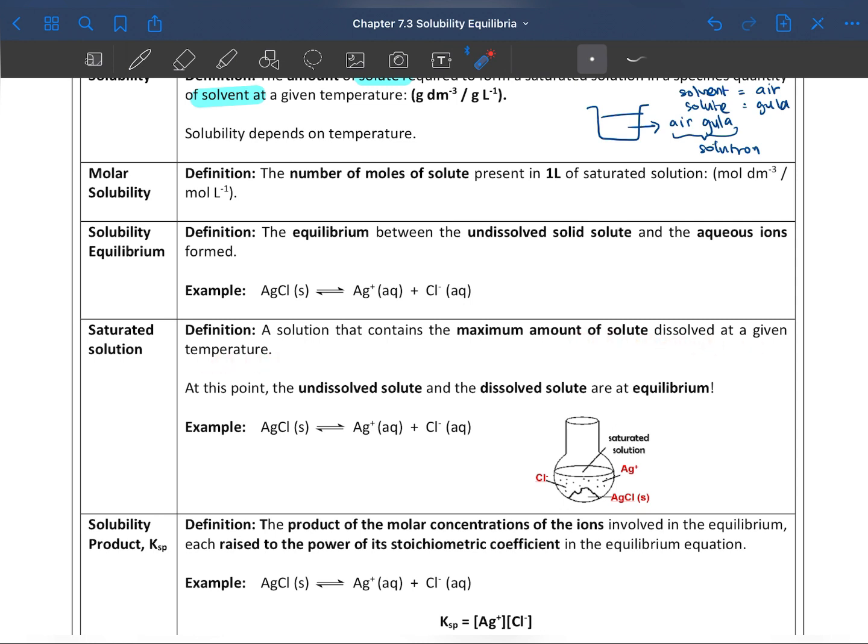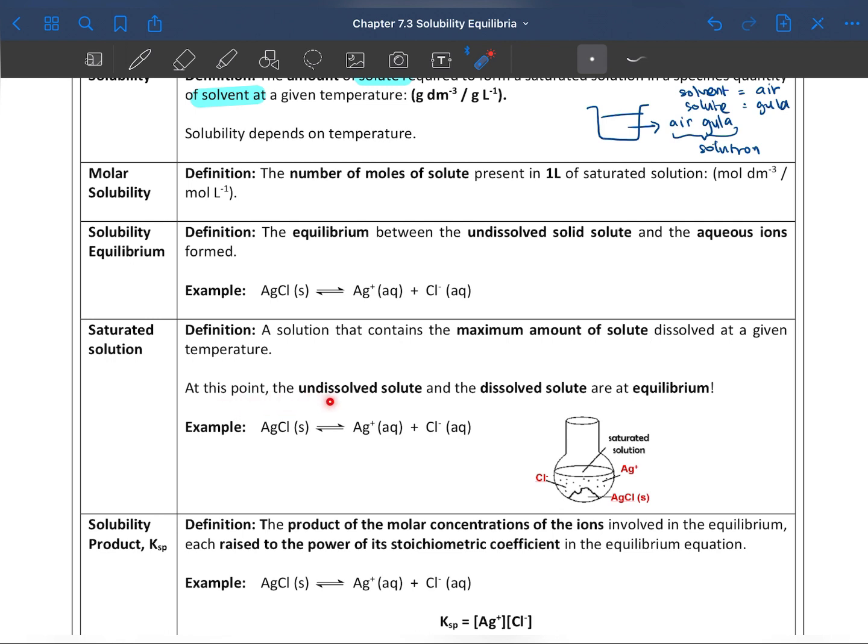So kiranya kalau saya cakap, solution ni dah saturated, that means solution ni dah maximum lah amount of solute yang dissolved dalam solution tu. So kiranya kalau kamu tambah lagi solute, what happen adalah dia akan berlaku precipitation. You cannot add. Kalau kamu tambah boleh, tapi masalah dia akan ada precipitation.